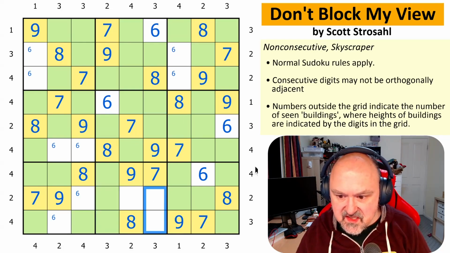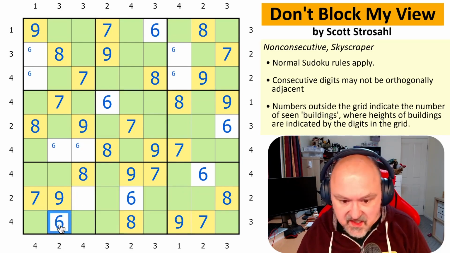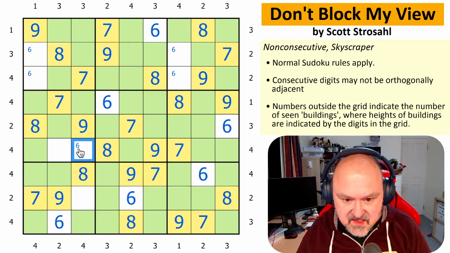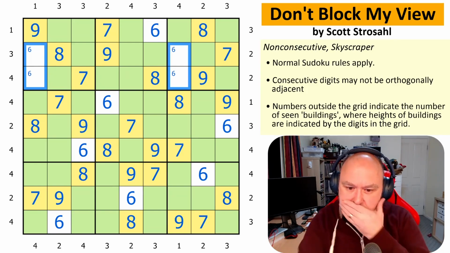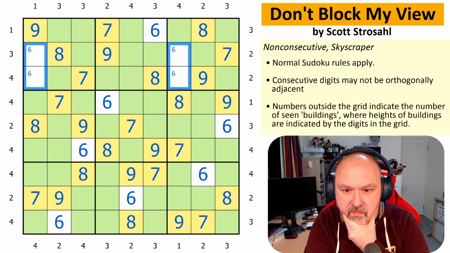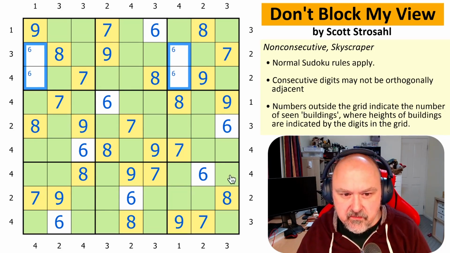This is a 6. This is not a 6. This is a 6. This is not a 6. This is a 6. And I've got 6 down to this. And that's not resolved. But I've got all the 7s, 8s, and 9s.